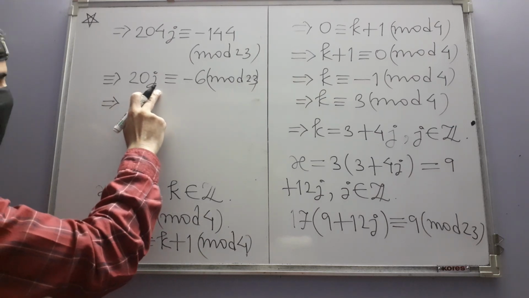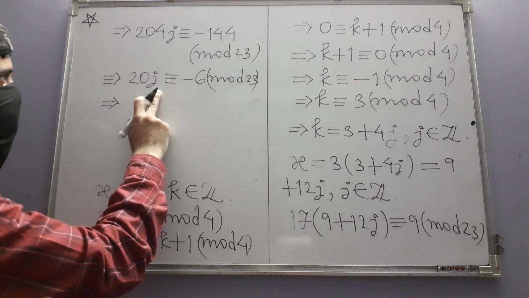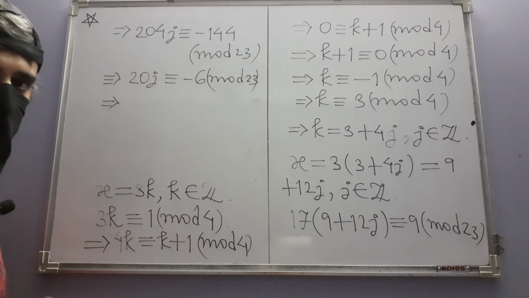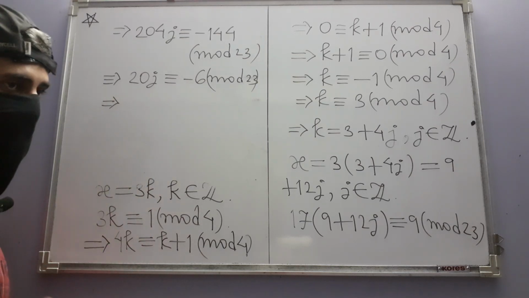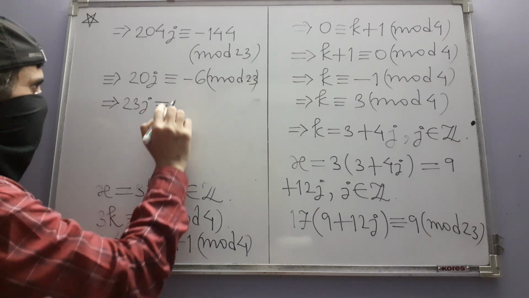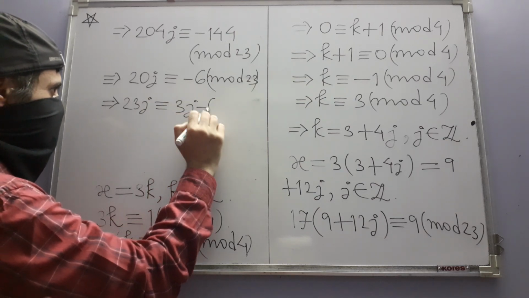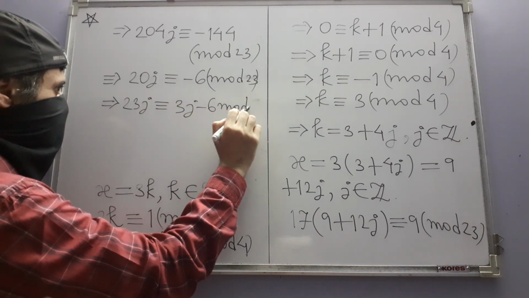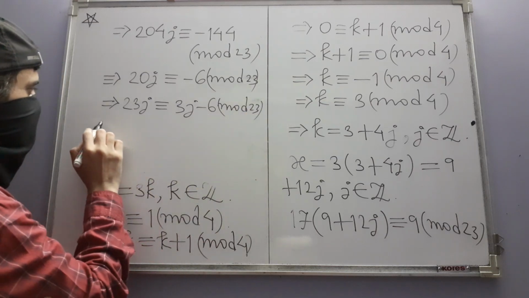Now if you add 3J to both sides, this side will become 23J and that side will become 3J minus 6 mod 23.